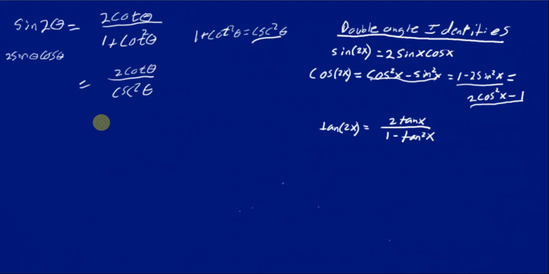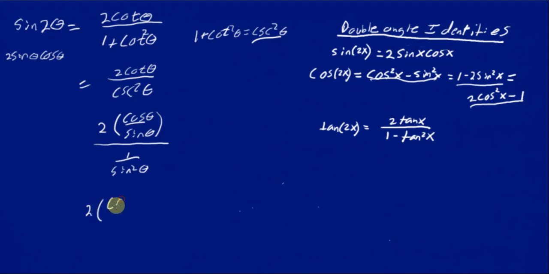So let's take everything now and change it to sines and cosines. The cotangent is the cosine of theta over the sine of theta. That's divided by the cosecant squared. Well, the cosecant's 1 over the sine, so that's 1 over the sine squared of theta. All right, let's multiply by the reciprocal.